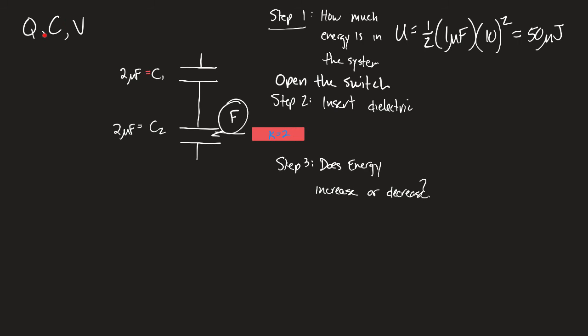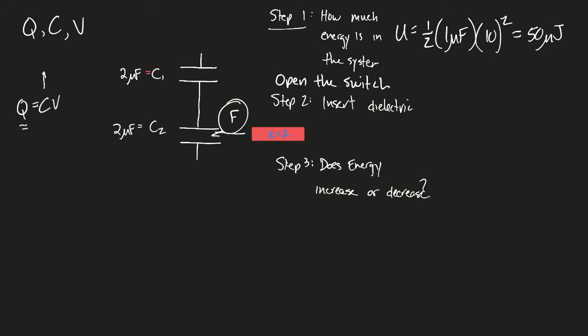Does the capacitance of the bottom capacitor change? Has to. We've changed the dielectric. Has the voltage on either capacitor changed? Yes. In the case of this system, the charge on the capacitor stays the same.